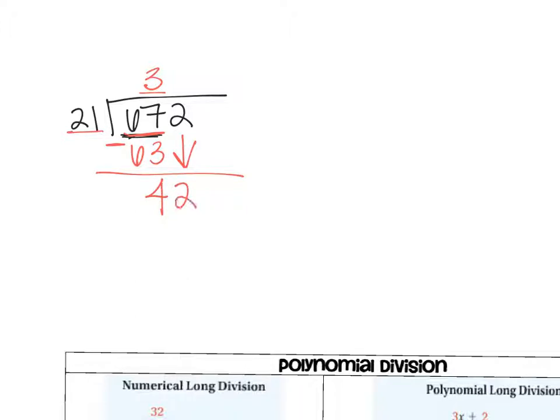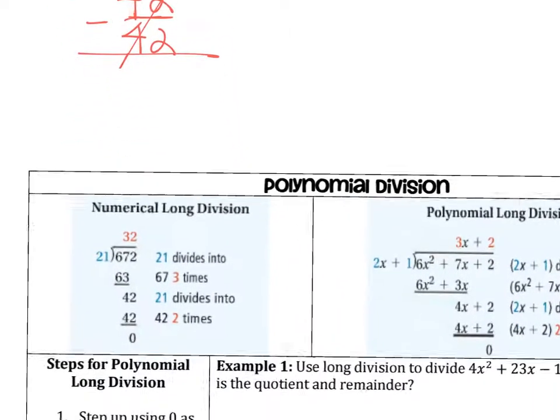We have 42, and we say, now, how many times can 21 go into 42? Well, what about 21 times 2? And that goes up there, and I've got 21 times 2 is 42, and I subtract, and it zeroes out, and my answer is 32. So that's regular division. That's kind of what we're going to be doing with polynomials now.